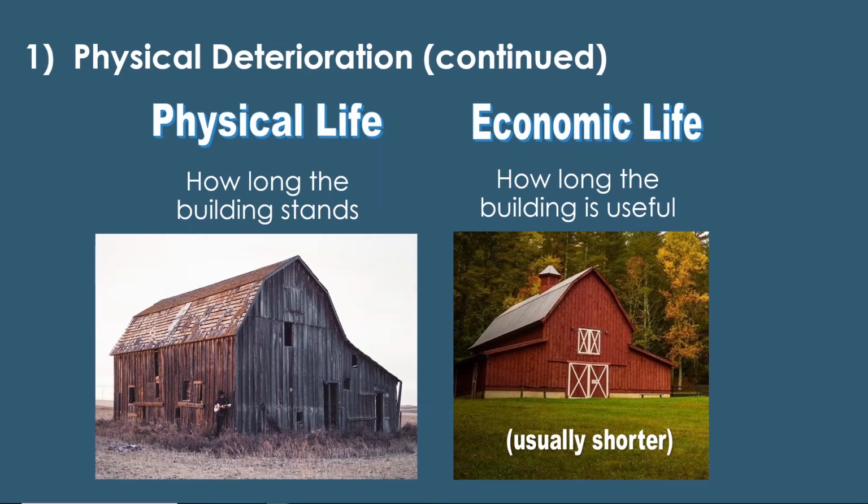This economic life is usually shorter than the physical life. The economic life is where I was able to use it and produce income, maybe by renting it for 10 years, but it's standing for 20 years, not being used. It's just kind of there. That's the physical life versus the economic life, the actual usability of the property.